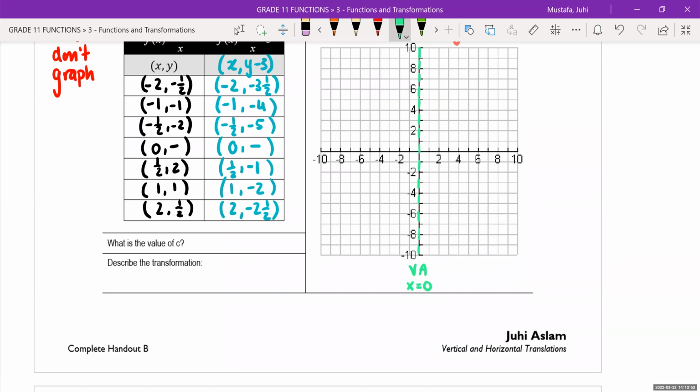And that makes sense because the graph is only moving up and down. So the only thing changing is the horizontal asymptote, not the vertical. Then you're going to draw a dashed line at y is equal to -3. And you're going to label this horizontal asymptote y is equal to -3.